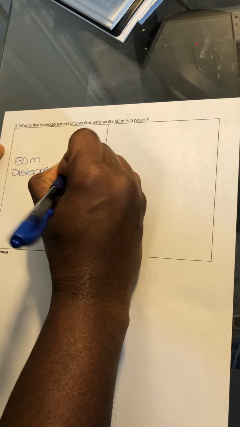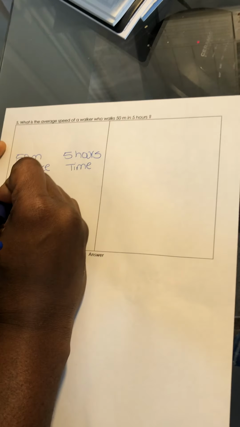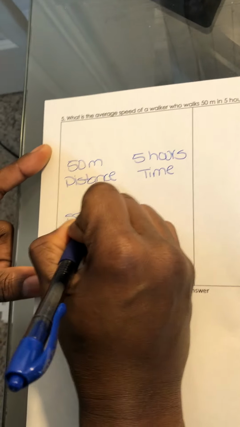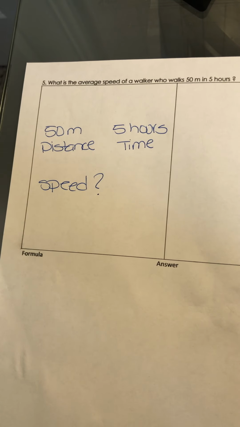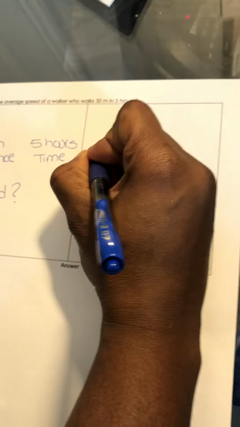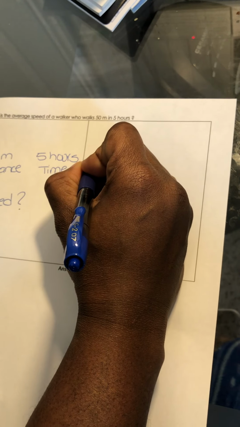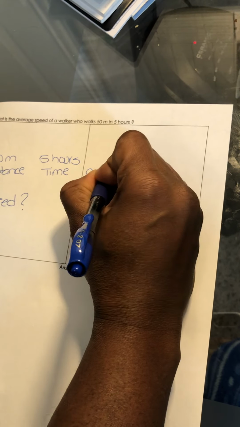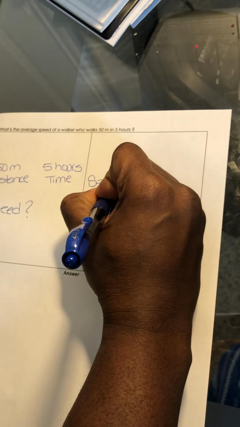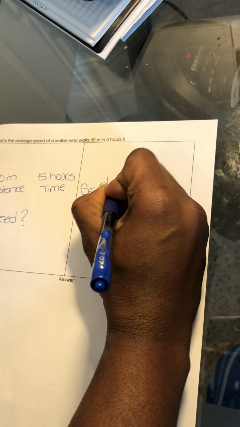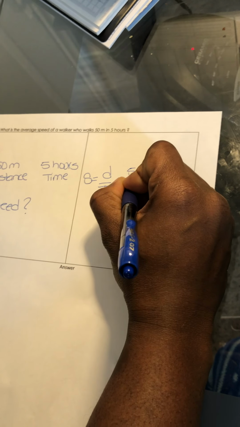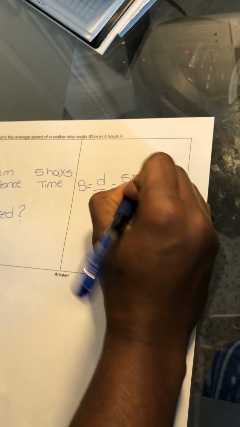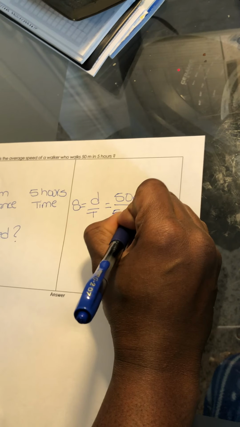That's a time. So we need to know the speed. Let's go ahead and plug our information in. Our formula for speed is S equals D over T, distance over time. Our distance is 50 miles. Our time is 5 hours.